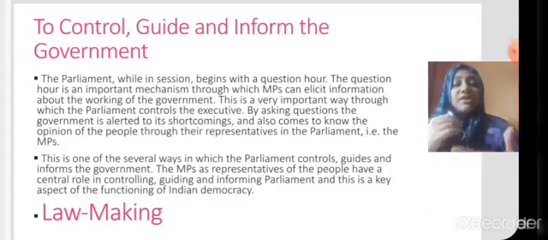What measures has the government taken to take care of the people of the country? If not that, various other reasons are there to put questions in front of the ruling party's leader.